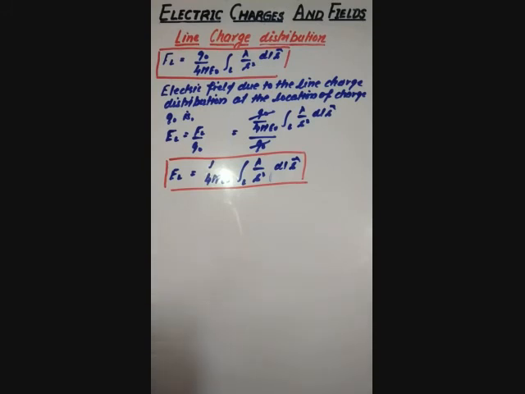The total electric field due to a continuous charge distribution is equal to the volume charge distribution added with the surface charge distribution added with the line charge distribution.